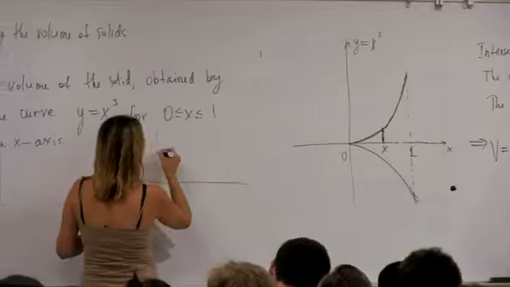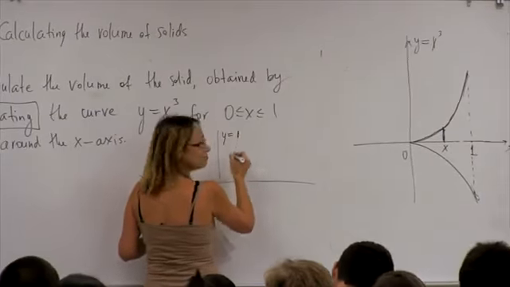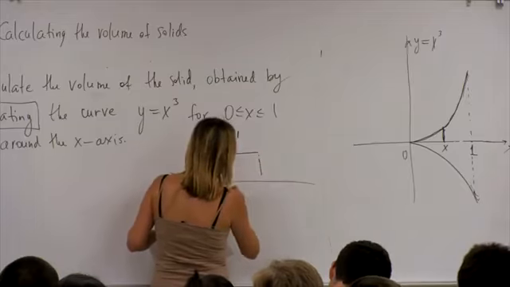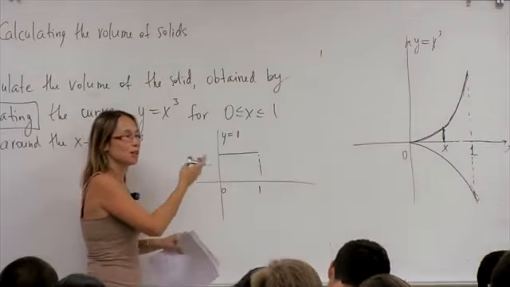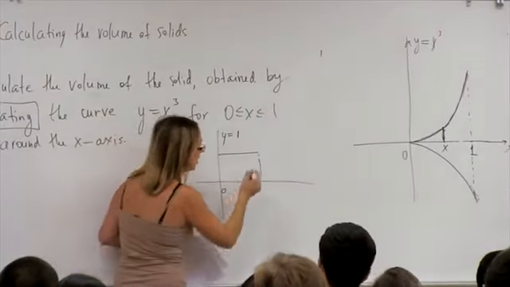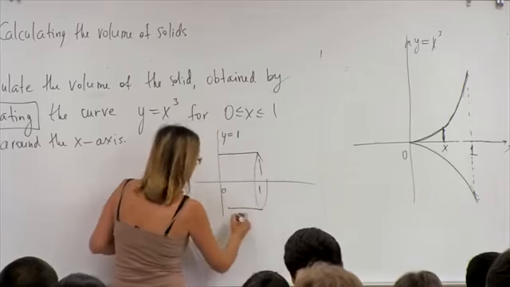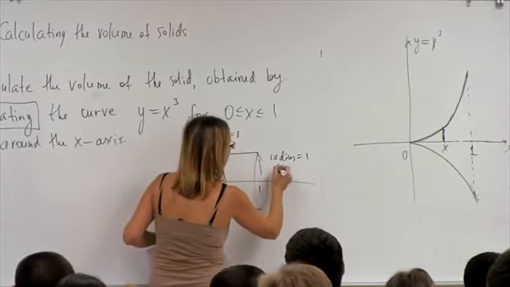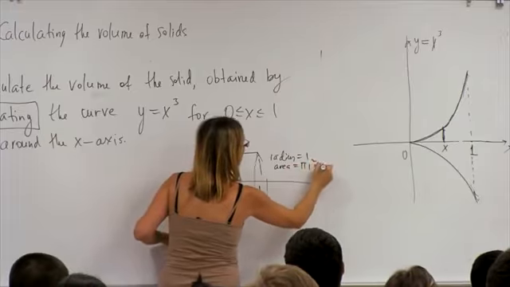Let's suppose my solid is given by y equals 1. So it's this function from 0 to 1. When I rotate this around the x-axis, what do I get? A real cylinder, right? So in this case, my radius is equal to 1, and the area is pi 1 squared.